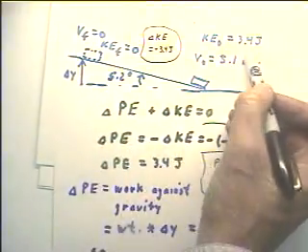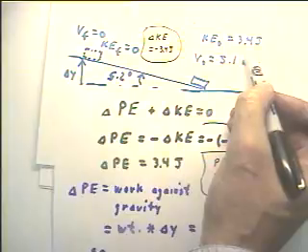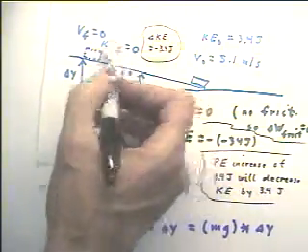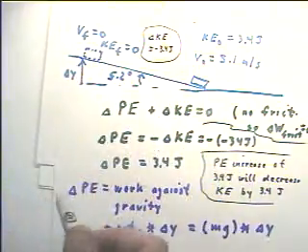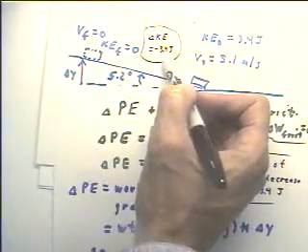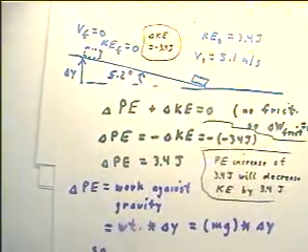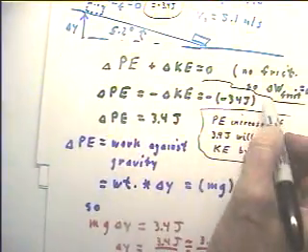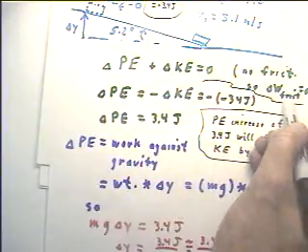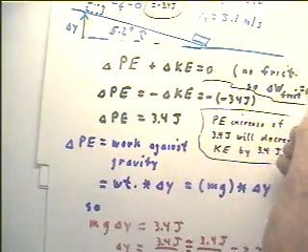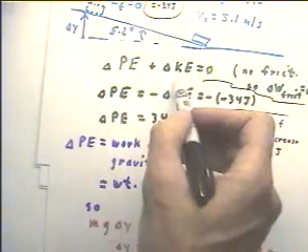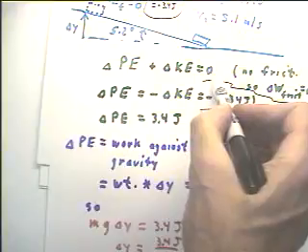We note that we have an initial kinetic energy of 3.4 joules. If the object travels till it stops, its final kinetic energy will be 0 because its velocity will be 0. So we have a kinetic energy change again of negative 3.4 joules. Now, since there's no friction, the delta W against frictional or non-conservative forces is 0, so the change in potential energy plus the change in kinetic energy has to be 0.